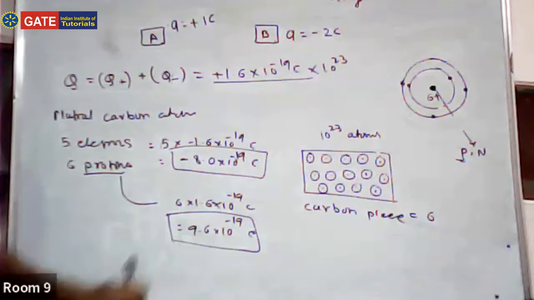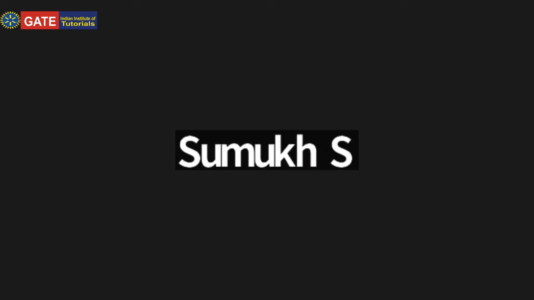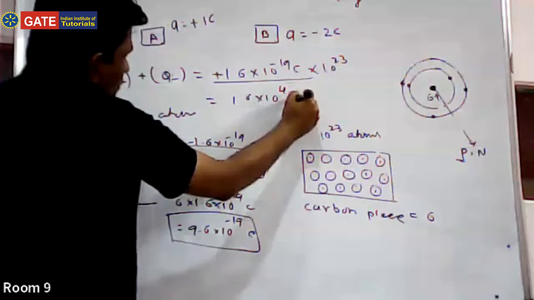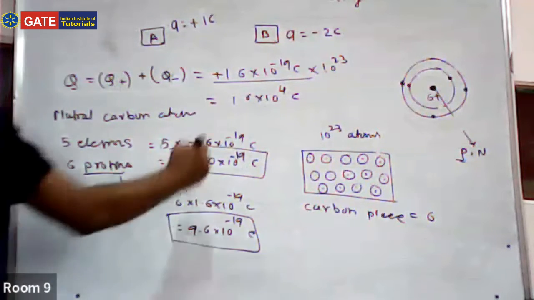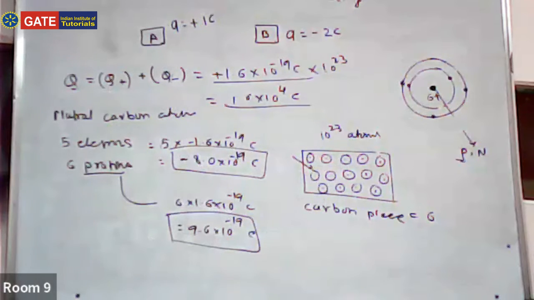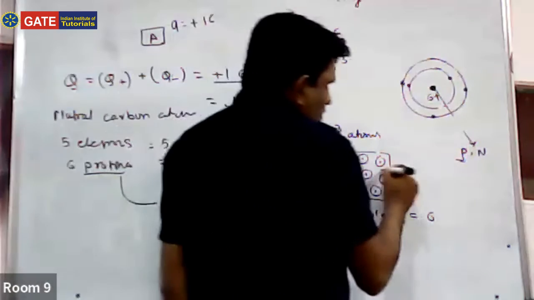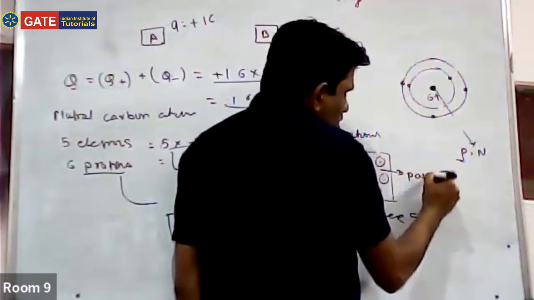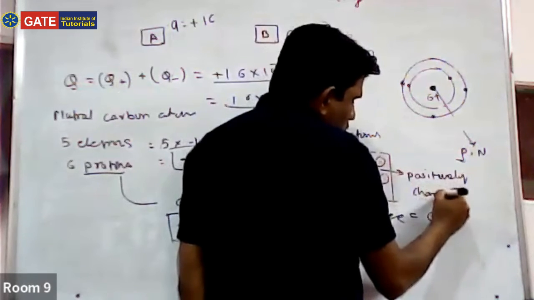So it will be 1.6 into 10 to the power 4. This is the amount of the charge on this piece. All of you got this? So this becomes a positively charged body, a positively charged object.